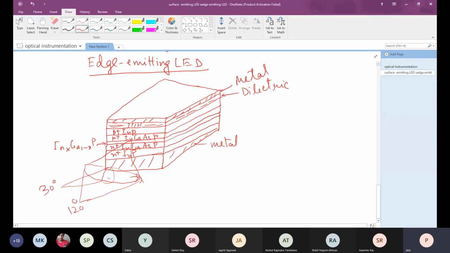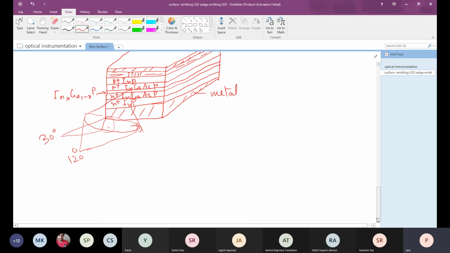Edge emitting LEDs are efficient because this active layer is sandwiched between InGaAsP layers. So therefore it provides both radiation confinement and carrier confinement.